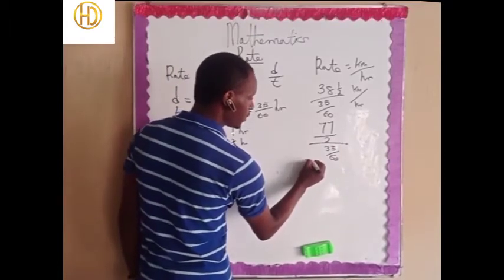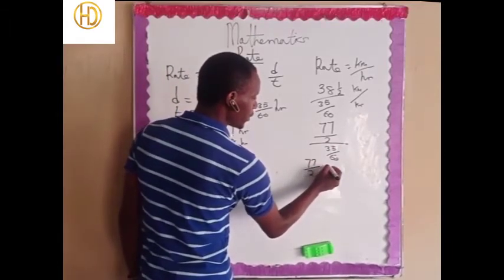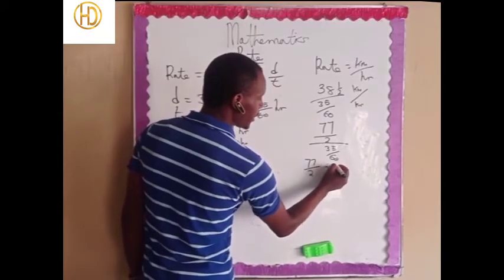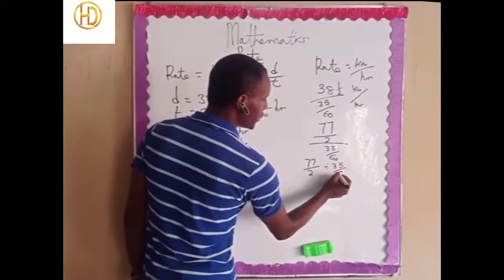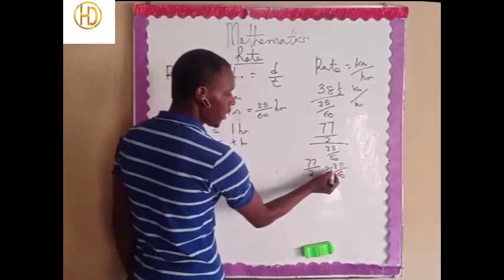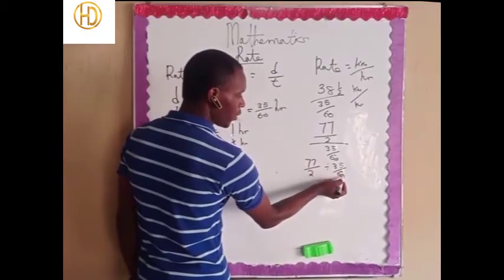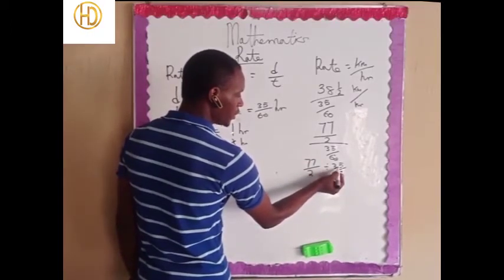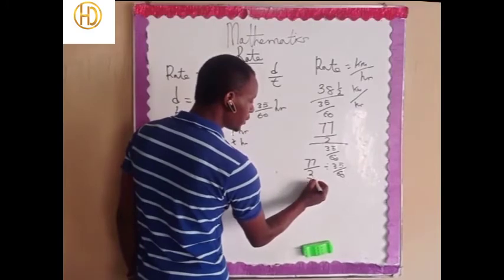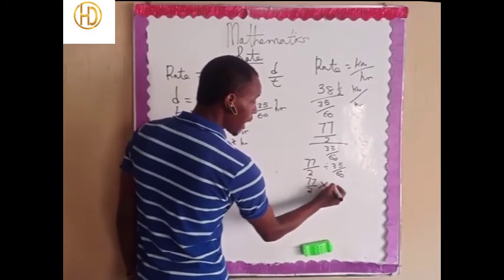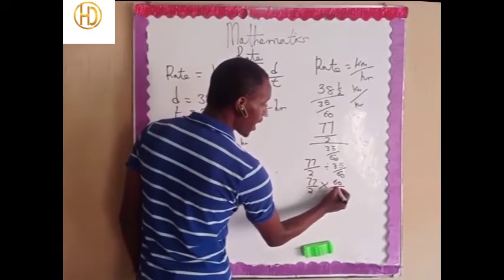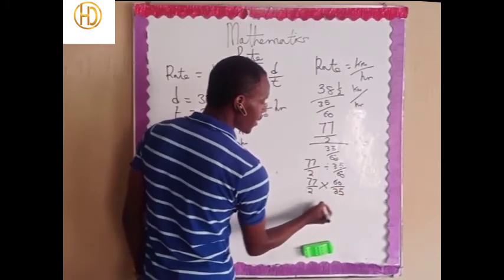From here, convert this divide to a ratio divide. That will be 77 over 2 divided by 35 over 60. The next thing, convert this one to times. This one becomes the numerator, while this one becomes the denominator. So we'll have 77 over 2 times 60 over 35.